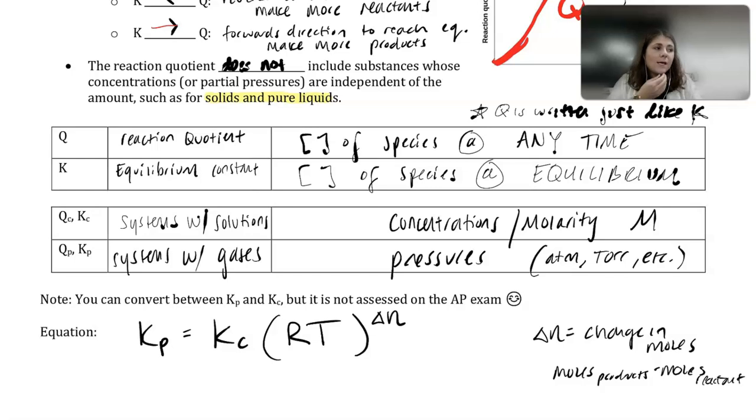So for that case, you would just count the coefficients on the product side and count the coefficients on the reactant side and take the difference. Now again, you don't need to do this on the actual AP test or in my class, but it is very good to know that there is a relationship between Kp and Kc.